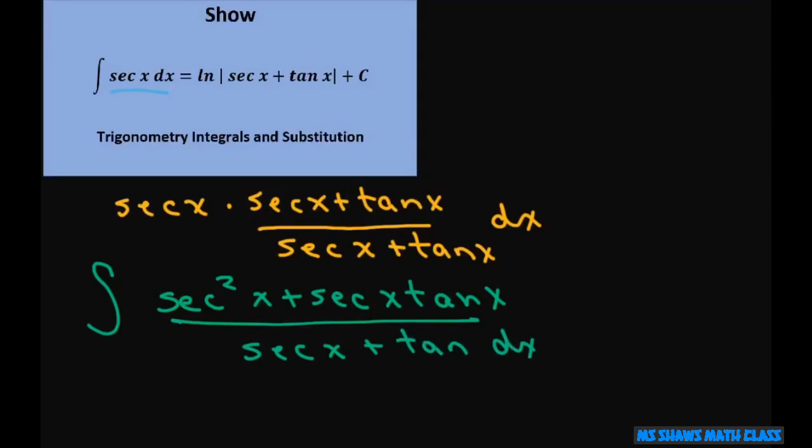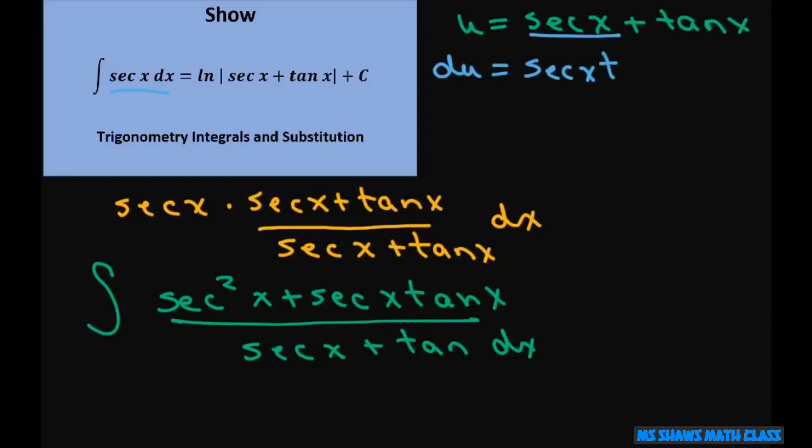Now, if you let u equal secant x plus tan x, then du is, you just take the derivative of each of those. So that's going to be the derivative of secant x, which is secant x times tan x, and the derivative of tan x is secant squared of x dx.